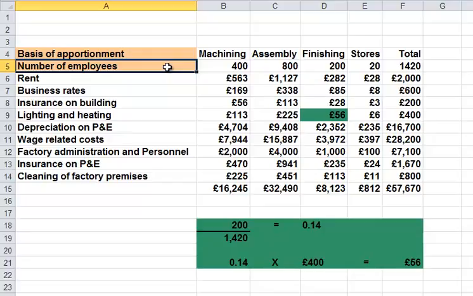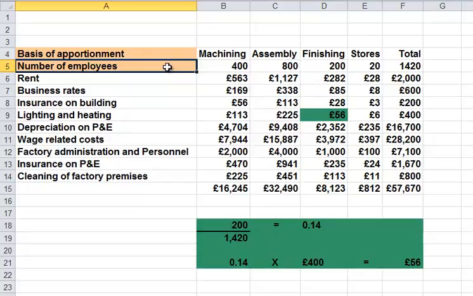But these bills have to be allocated to different departments because the costs of these bills should be borne by the different departments. And this is how the costs are allocated. So the costs of the different departments have to include their contribution towards these particular bills.